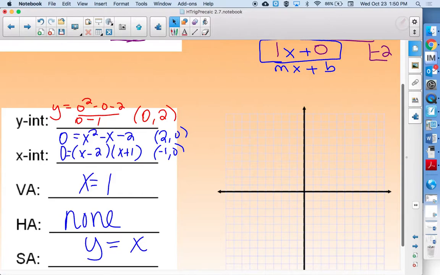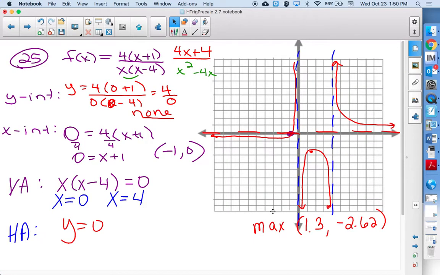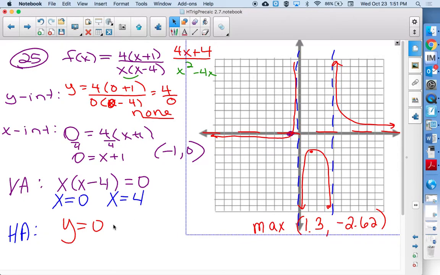So if you can take your points and graph it, I'm going to try and get a better graph. I erased it before.